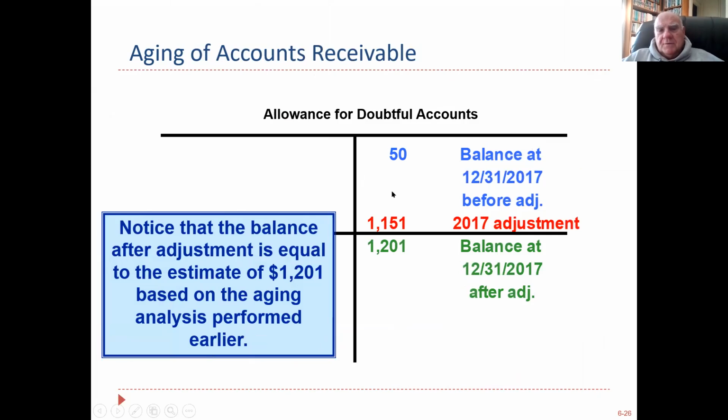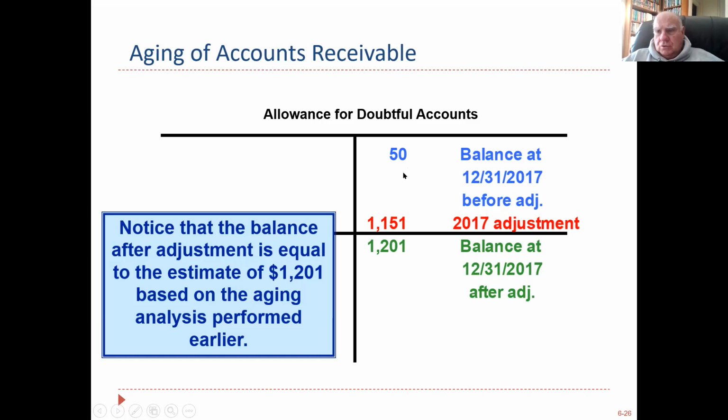Take a peek here. T account, here's your general ledger. The balance was 50 to begin with. This is what we need it to be at the end. The difference is a credit. Allowance for doubtful accounts. I'm going to get a little ahead of myself here and point something out, and I hope you listen carefully.